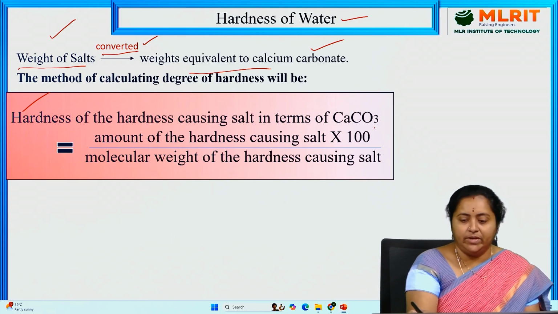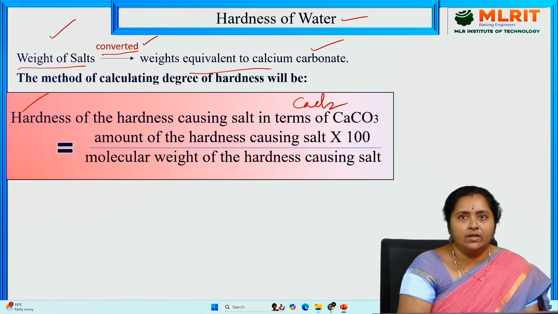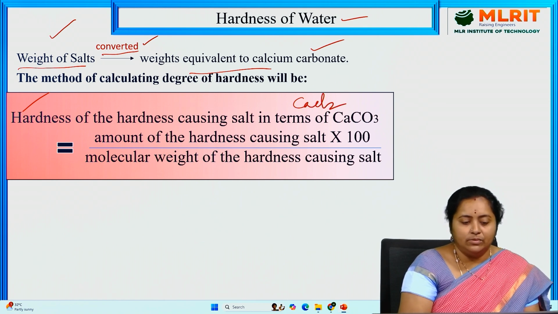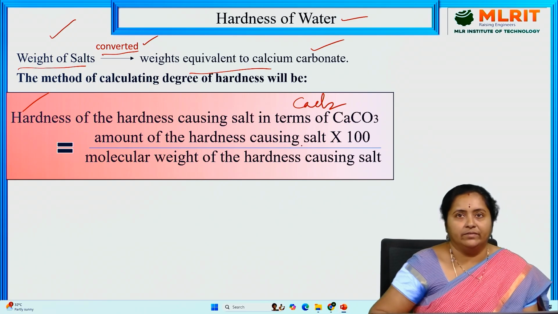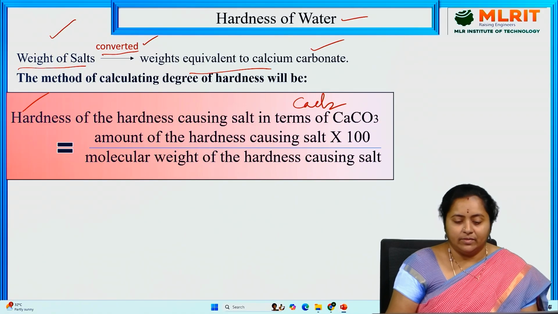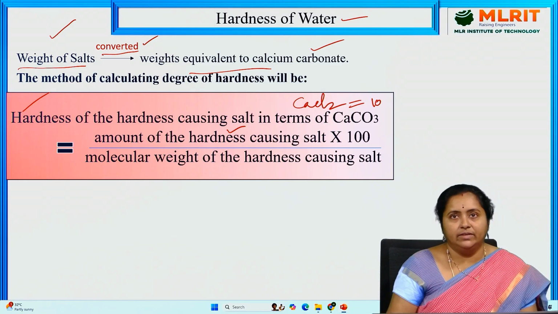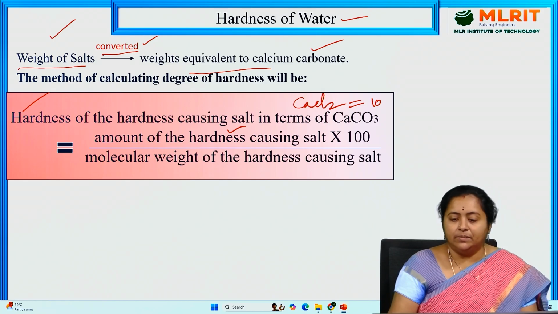Using this formula, the amount, or weight, of that hardness causing salt will be given in the data of the problem, and we have to substitute it here as the weight of the salt. Say for example, it is mentioned in the problem as 10 grams.